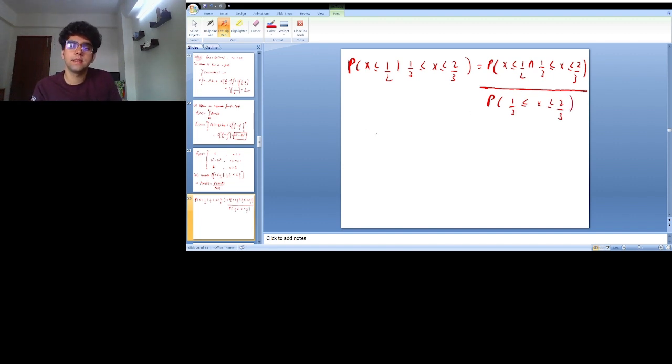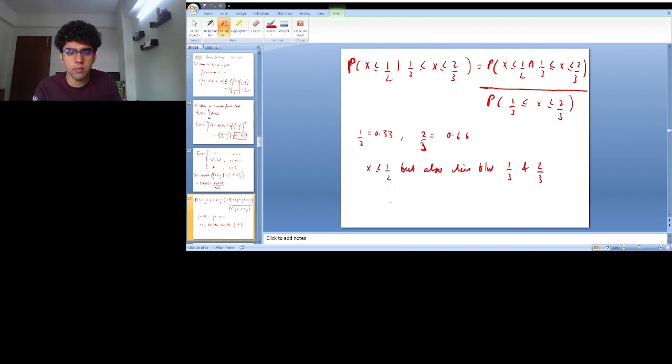So if my x is less than or equal to half and also lies between 1/3 and 2/3, the value of 1/3 is 0.33 and the value of 2/3 is 0.66, right? So I need to find x being less than or equal to half, but also between 1/3 and 2/3.